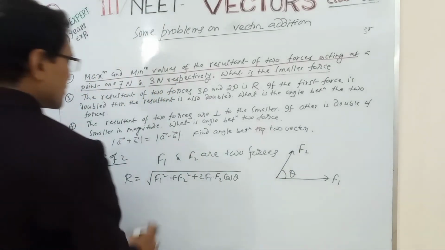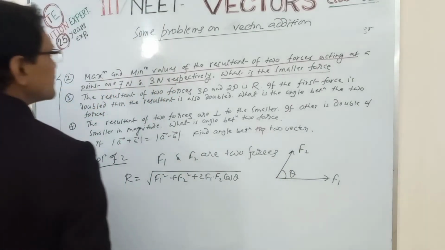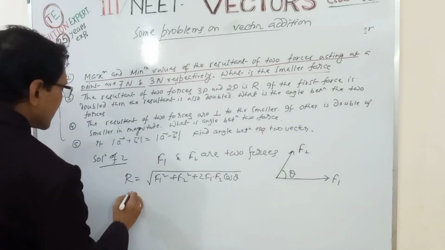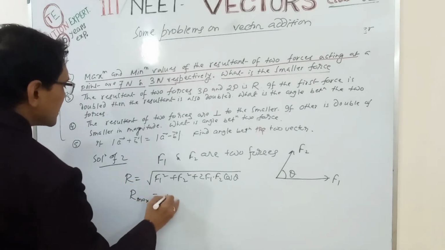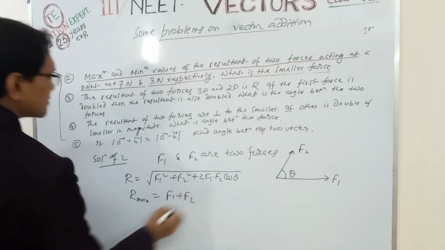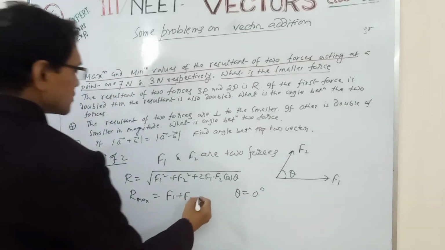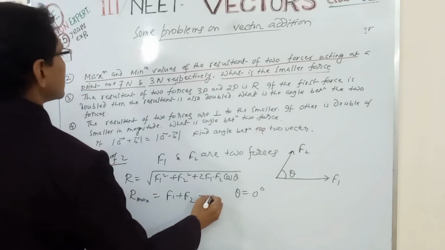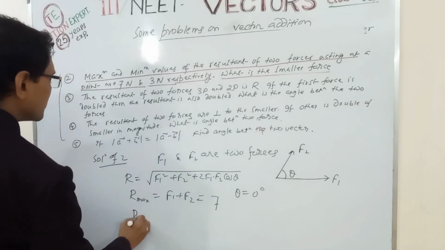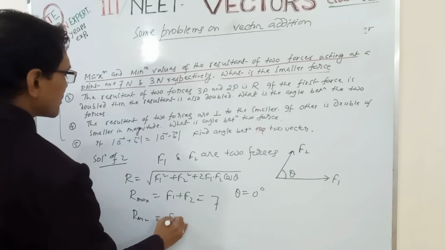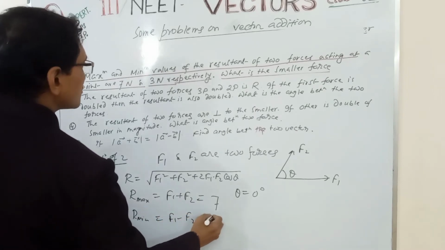Now what is the maximum of the resultant? R maximum will be f1 plus f2, when theta equal to 0 degrees. So this is 7, and R minimum equals f1 minus f2, which is equal to 3.